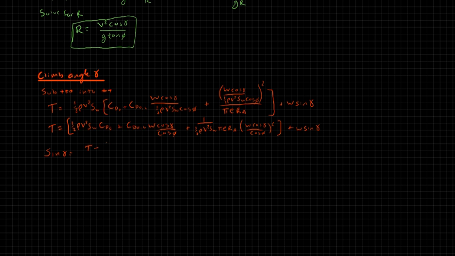So we get T minus 1/2 rho v squared SW CD naught plus CD naught L W cos gamma or cos phi, plus all this again, 1 divided by 1/2 rho v squared SW pi e RA, all times W cos gamma divided by cos phi squared, all divided by SW, and I am not even going to attempt to freehand this line.